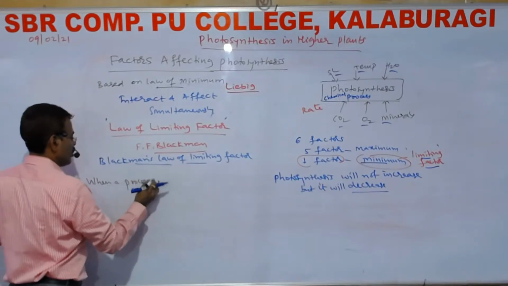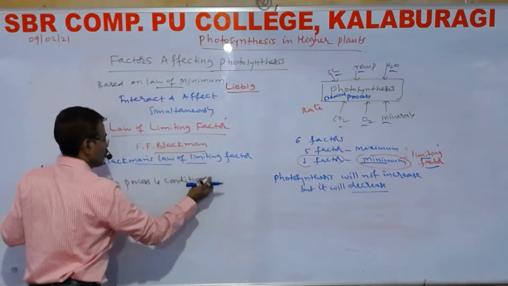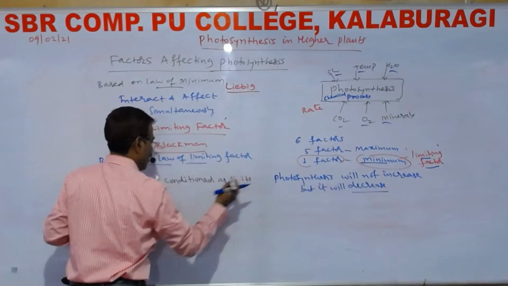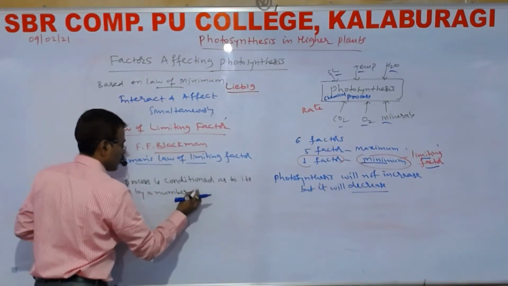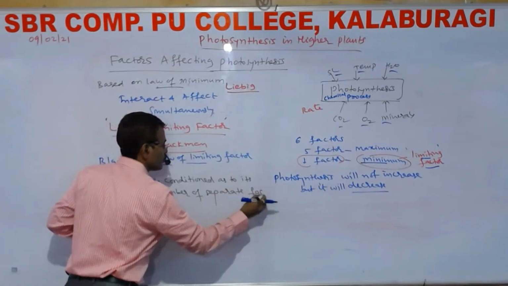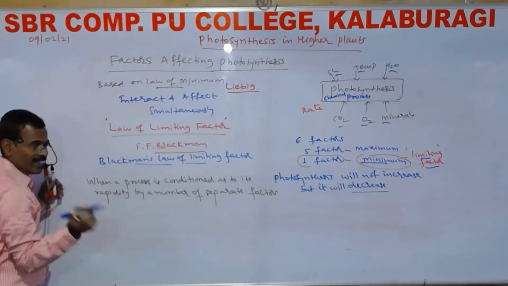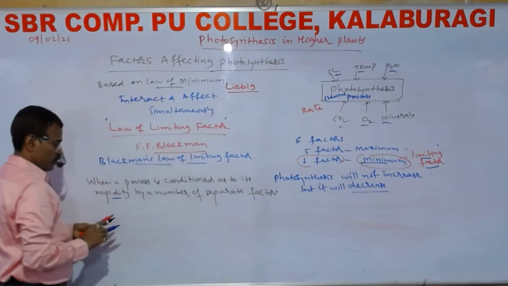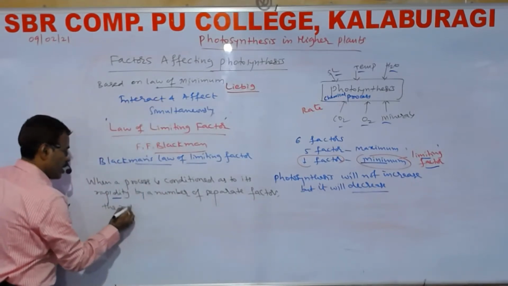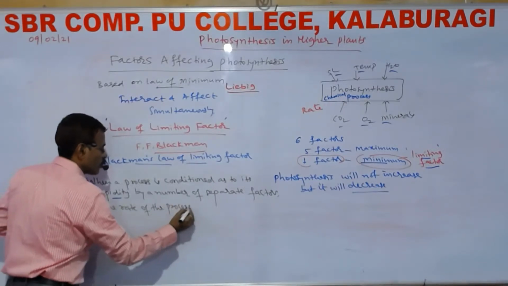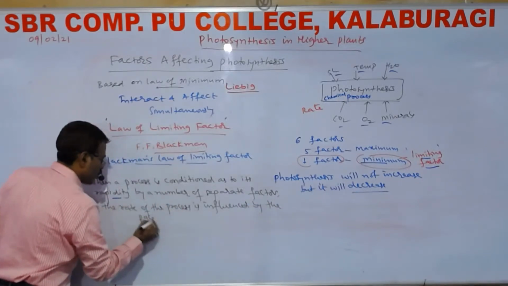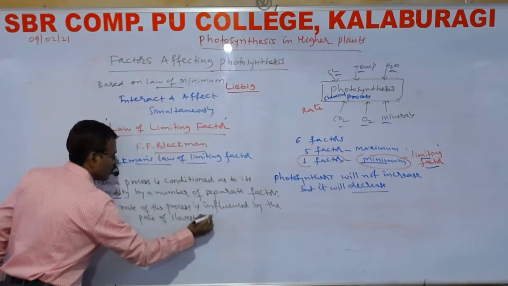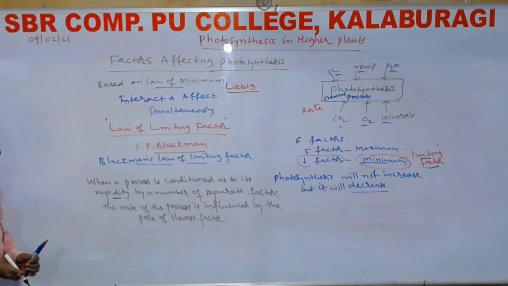When a process is conditioned as to its rapidity by a number of separate factors, the rate of the process is influenced by the pace of the slowest factor. This is one definition.